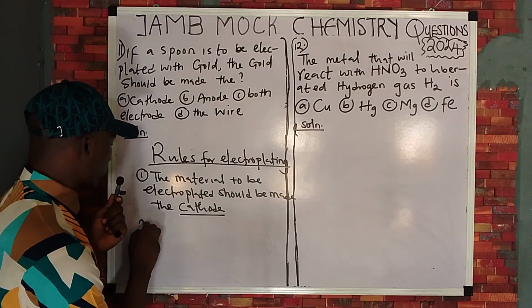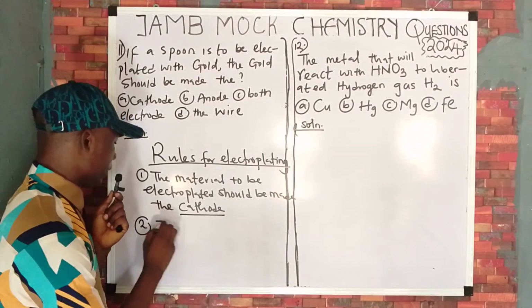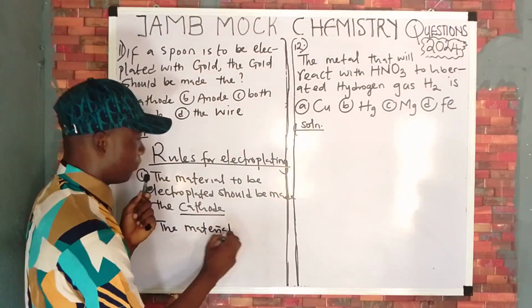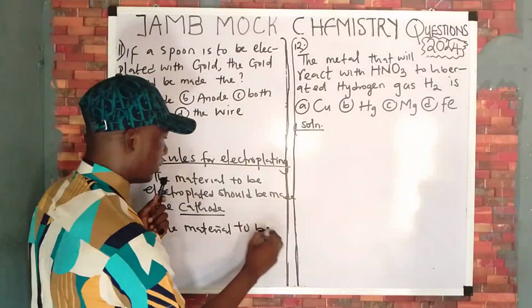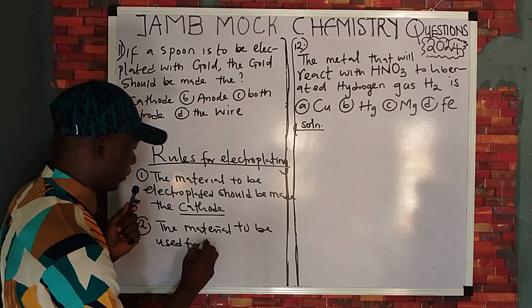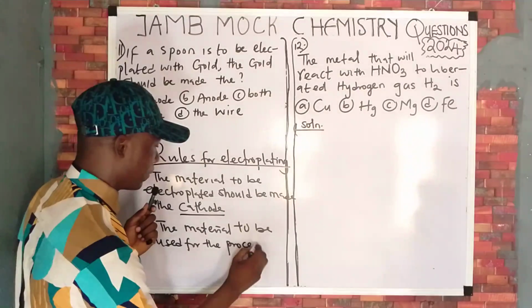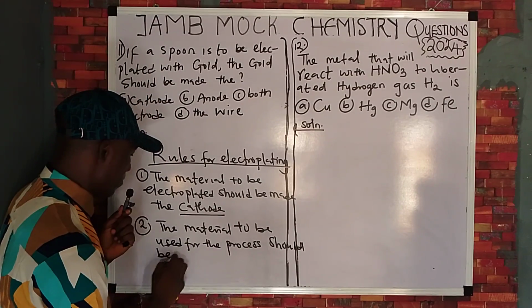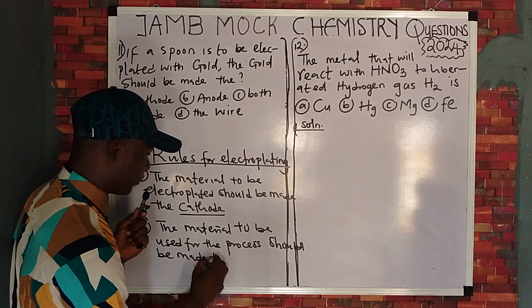Okay. Number two rule for electroplating: the material to be used for the process should be made the anode.